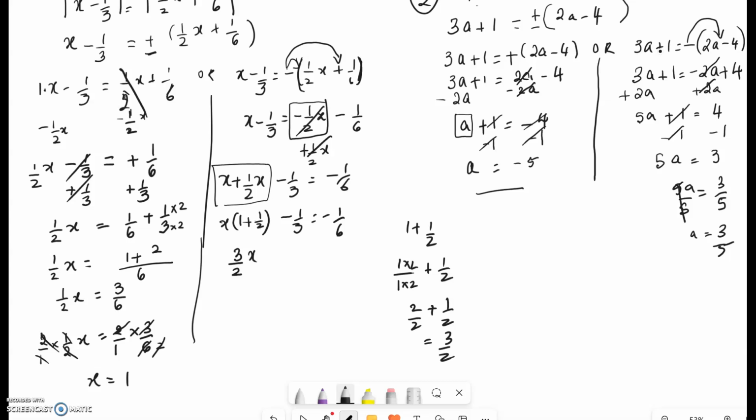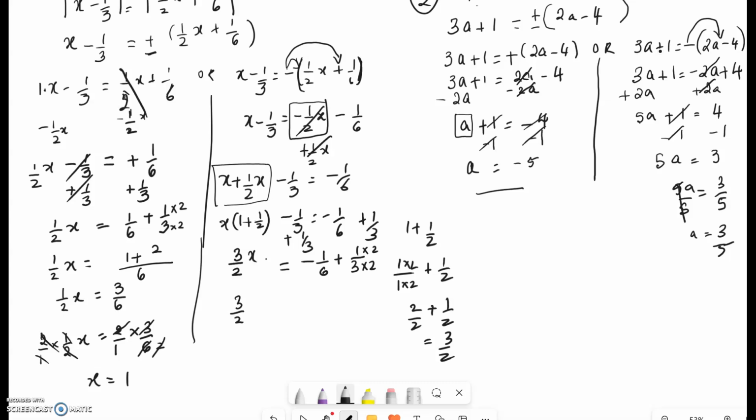Now we add 1/3 on both sides to get rid of the 1/3 on the left, because we are trying to solve for x. So that's negative 1/6 plus 1/3. You could use your calculator, but if you want to do this by hand, you multiply the numerator and denominator by 2.